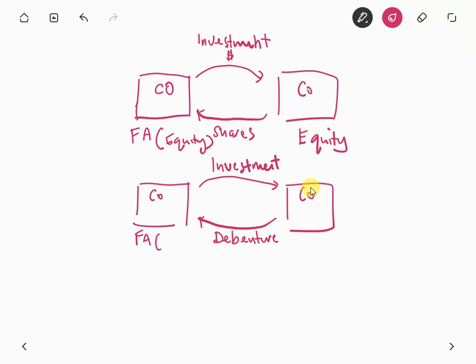But this financial asset is a debt instrument. And how will this company record? When I issue debenture, I took your money, it's actually a liability, a financial liability.